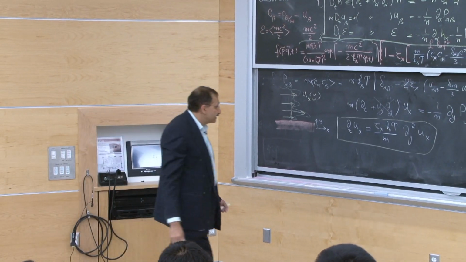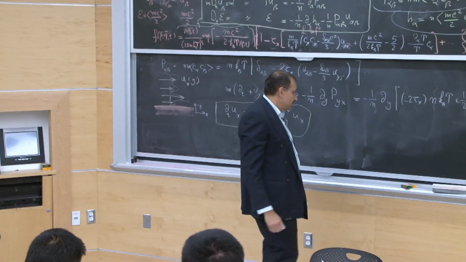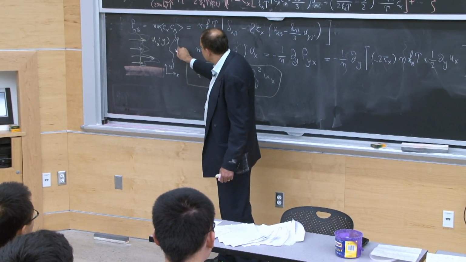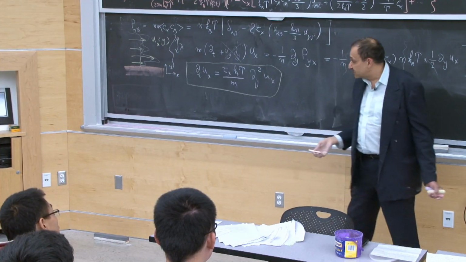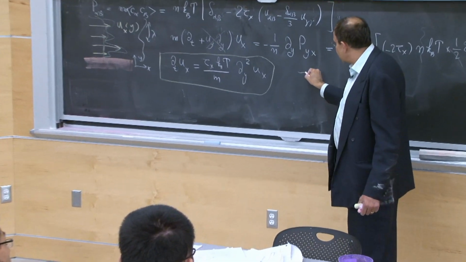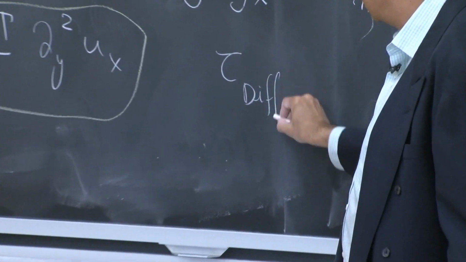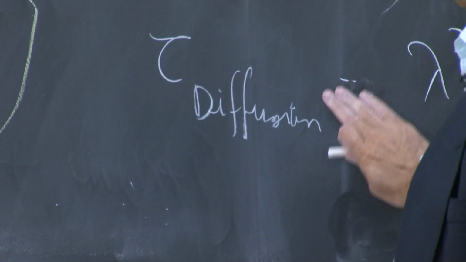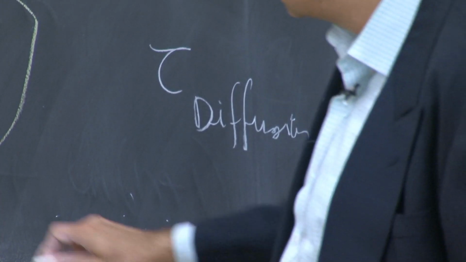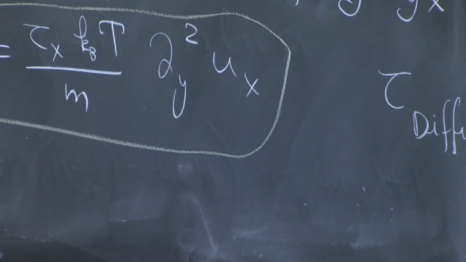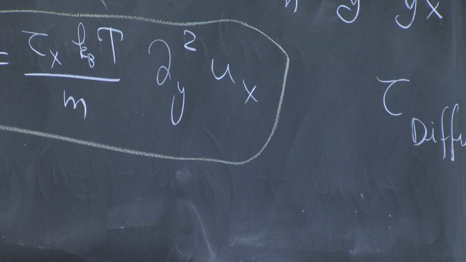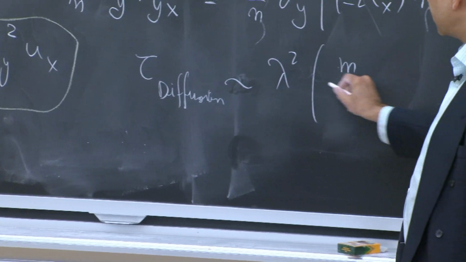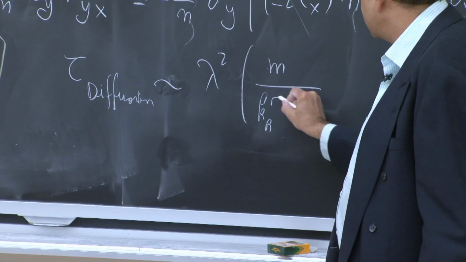And the characteristic time over which it does so, if I assume that in the y direction I have a pattern that has some characteristic size lambda, then the characteristic relaxation time for diffusion will be proportional to lambda squared. The constant of proportionality is simply this diffusion coefficient, so it is inversely m over kt tau x.